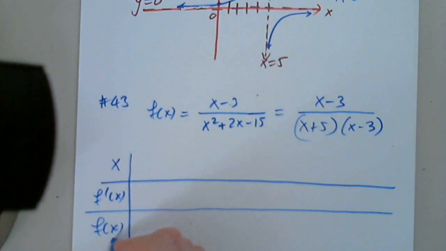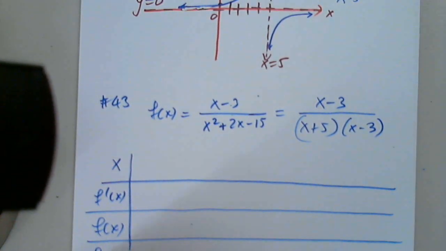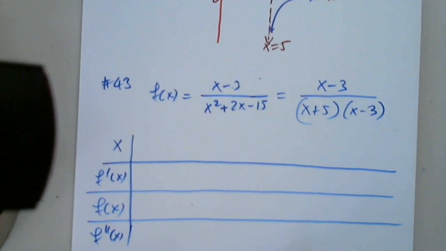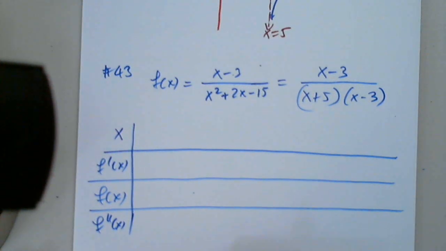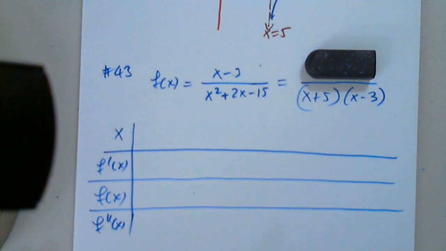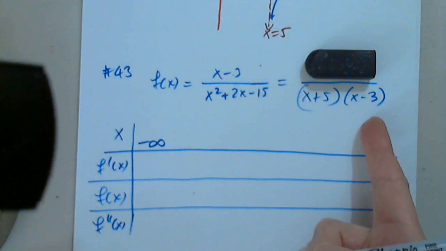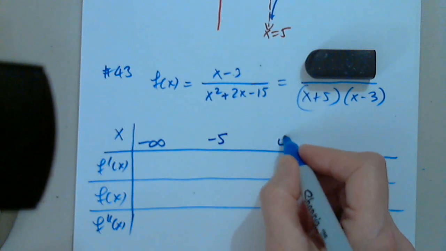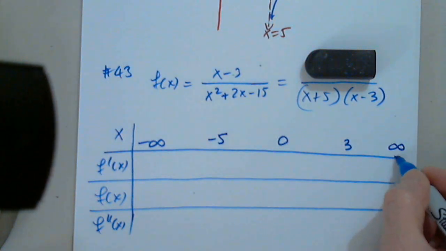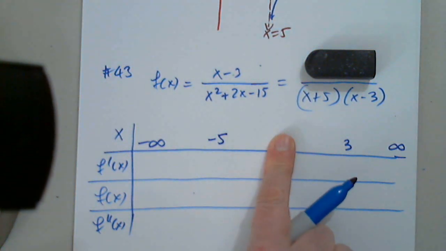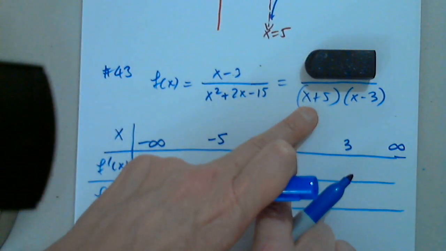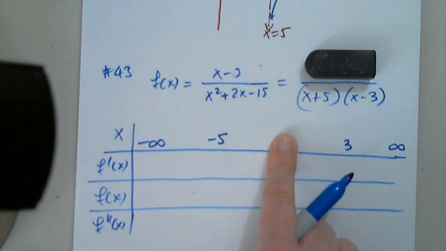Can anyone give us the domain of this function? -5 and 3. Yes, so -infinity, careful, -5 and 3. -5, 0, 3, infinity. 0 has to be in the table no matter what. So you're saying that the function is not defined at -5 and 3. Is that correct?